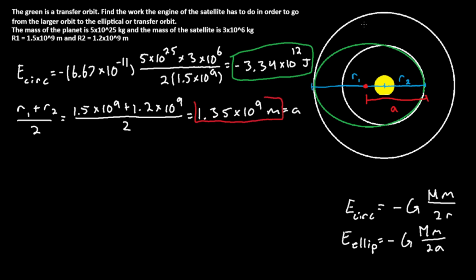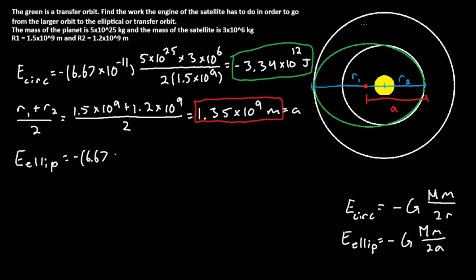So now that we have our semi-major axis, we can put them all together. So let's write the equation for the energy of an elliptical orbit.